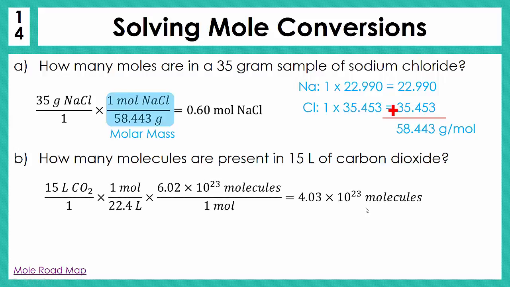I take my 15 liters of carbon dioxide gas, divide by the molar volume. So 1 mole of a gas takes up 22.4 liters of volume. Next, I need to convert moles into molecules, so I'm going to need to use Avogadro's number. So there are 6.02 times 10 to the 23rd molecules in 1 mole.